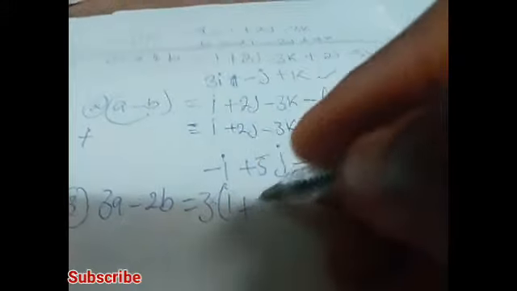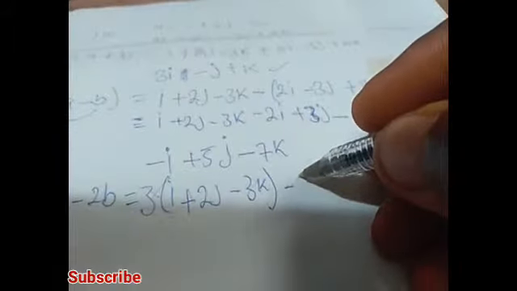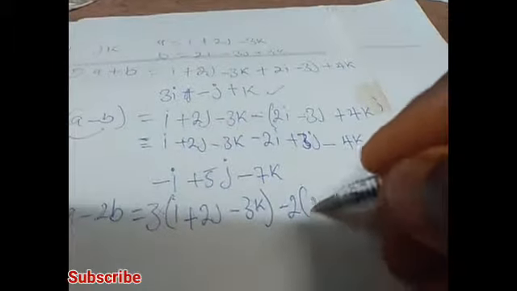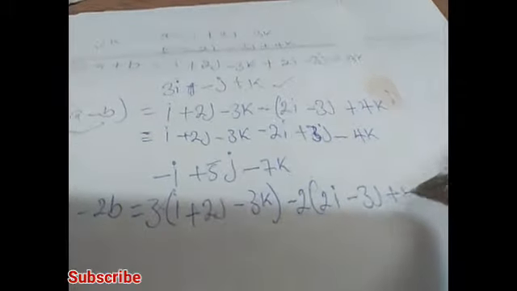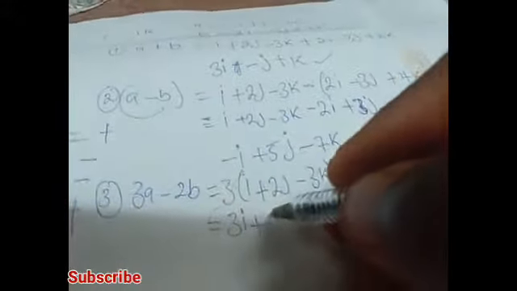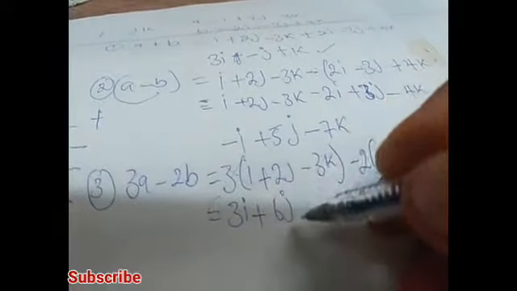This 3 is going to encompass everything in A, which is I plus 2J minus 3K, close bracket, minus 2 open bracket B, which is 2I minus 3J plus 4K. So let's open this out. So we're going to have 3I plus 6J. 3 times minus 3 is going to be minus 9K.